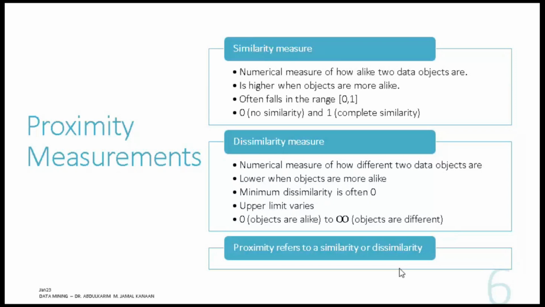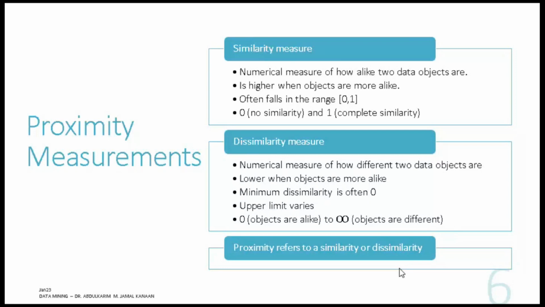Often the range for the value of similarity falls between 0 and 1. Of course, it doesn't mean only 0 or 1. That means in between there's a range, maybe 0.1, 0.2, 0.3, and so on. 0 means there's zero similarity, no similarity at all. 1 means completely similar. The dissimilarity is lower when objects are more alike.